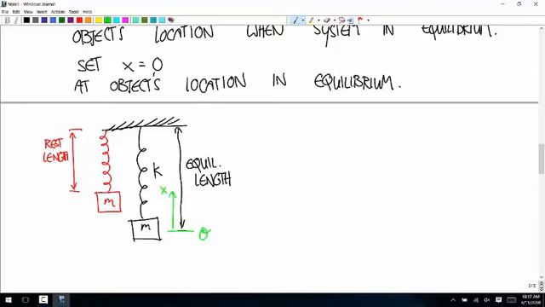And so the rest length of the spring: when the spring is at its rest length, that means it applies zero force to the mass.